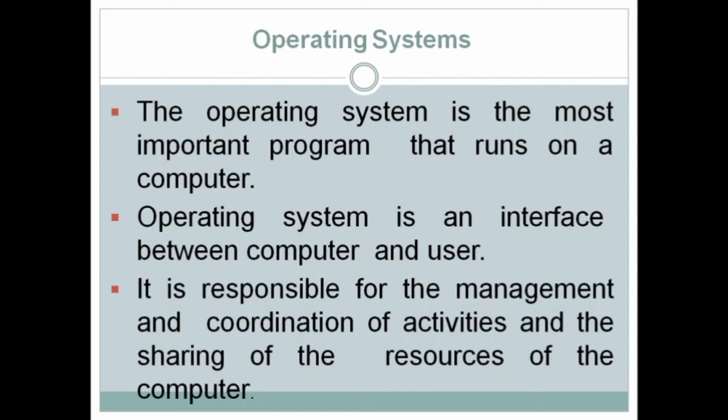Without it, our computer is just like a garbage box. If we want to make our system run, we have to install the operating system first. It is responsible for the management and coordination of activities and the sharing of the resources of the computer.